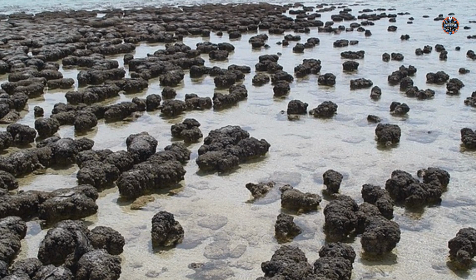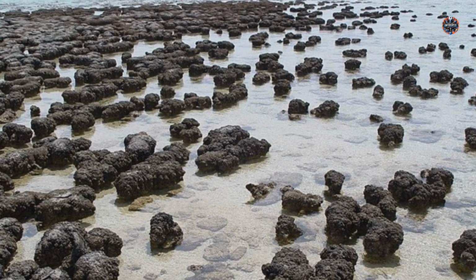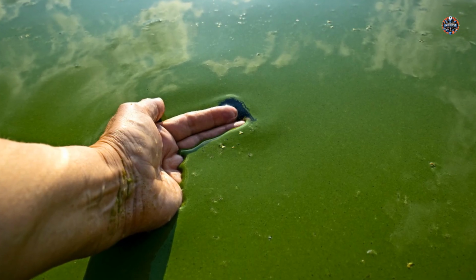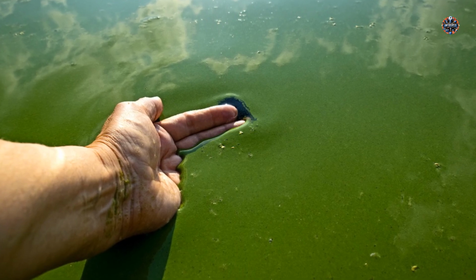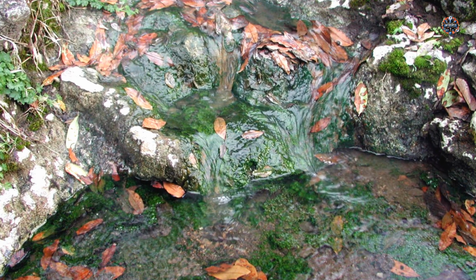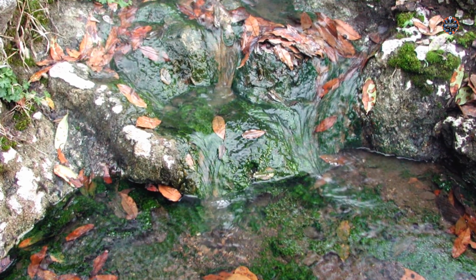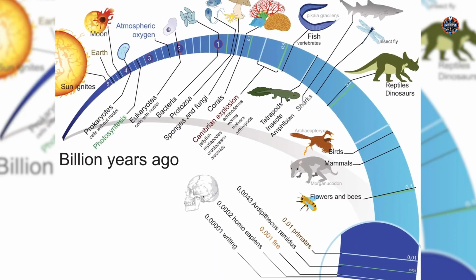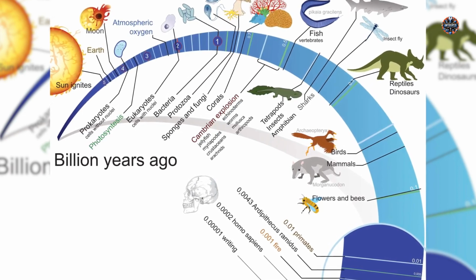Stromatolites, layered structures formed by the activity of cyanobacteria, are among the oldest evidence of life, dating back to this eon. Photosynthesis by cyanobacteria began to release oxygen into the atmosphere, gradually transforming it from a reducing environment to an oxidizing one. This process set the stage for the evolution of more complex life forms in the following eon.